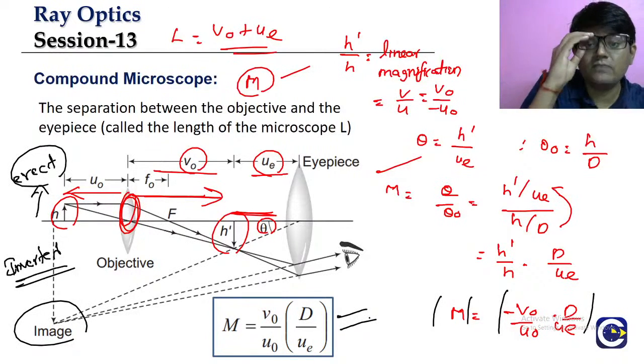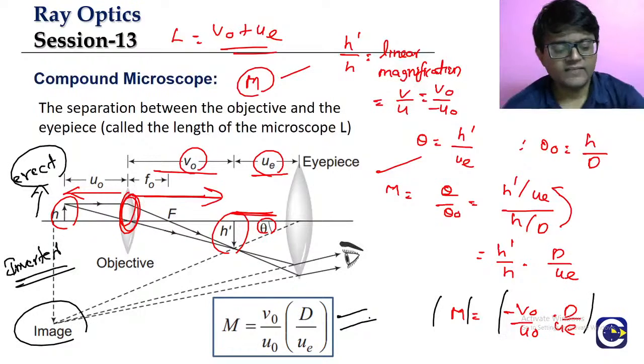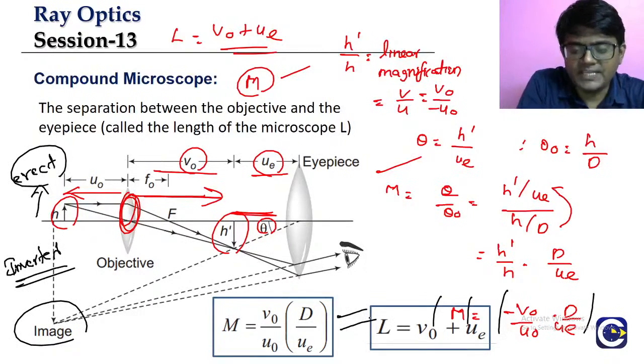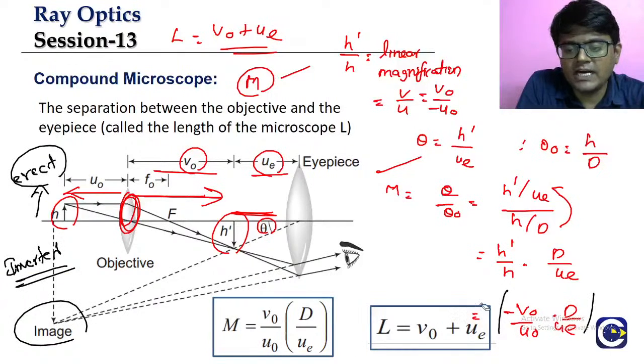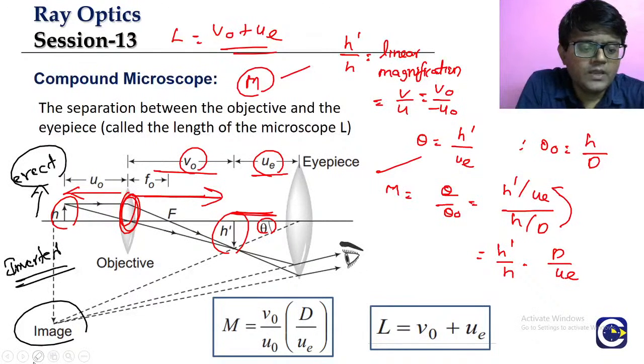But here again we'll talk about those two things: relaxed view, when the final image is formed at infinity. We look at the general formula for the magnifying power and the general formula for the length of the microscope. The length of the microscope is VO plus UE.